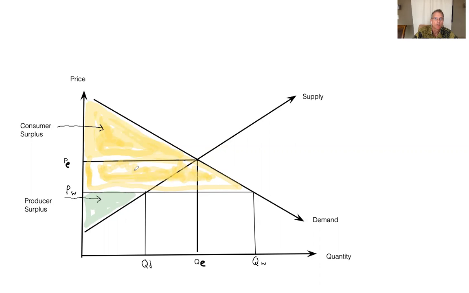And this is the heart of the argument for opening up to trade, that it greatly expands the consumer surplus and makes the people who are buying stuff substantially better off. So that's the fundamental argument for trade.